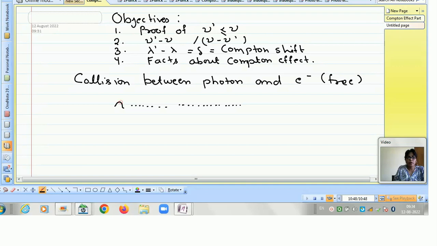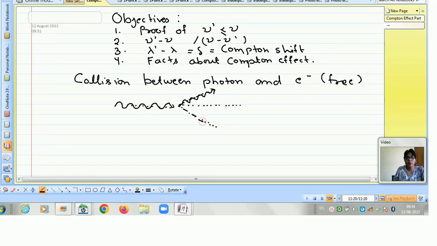So a photon is coming like this, and there is a free electron, and then after scattering, the photon is going in this direction, and let us say the electron is going into another direction. So this is the photon, and here it is the electron.